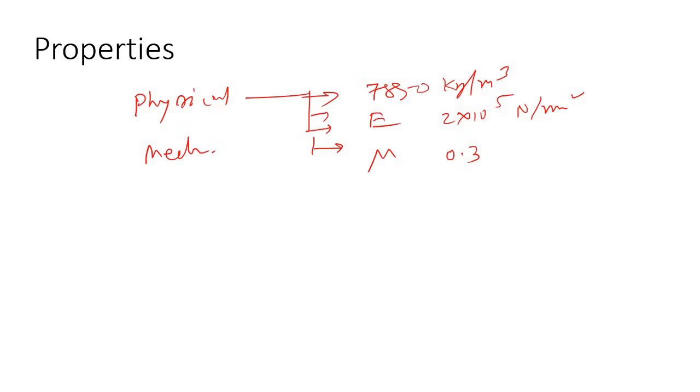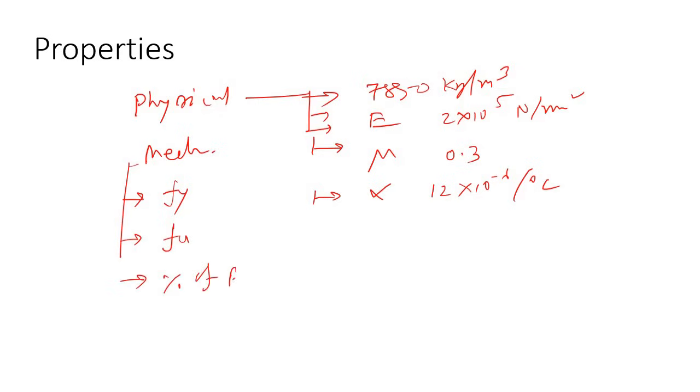Not only that, the thermal expansion coefficient, that is alpha, also comes under the physical properties of your steel, right? So what are the mechanical properties? The mechanical properties mainly used in our civil engineering are yield stress, that is denoted by Fy, the ultimate stress, and finally the maximum percentage of elongation, right? So these are the three main mechanical properties used in our structural steel, and these are the physical properties.